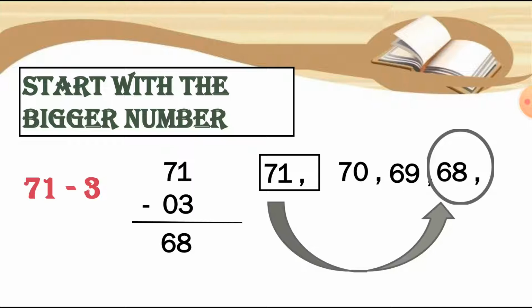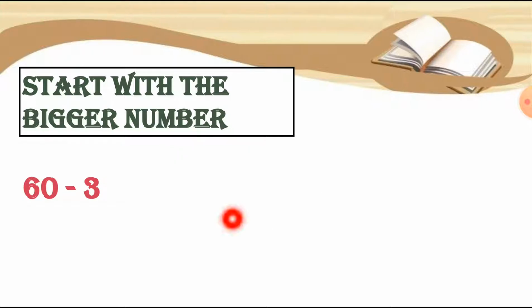Let's take some more examples so you will understand this better. Now next one, 60 minus 3. Start with the bigger number, and here the bigger number is 60. Now we have to write down this sum in the sum format first.